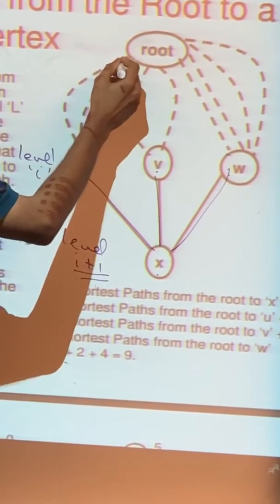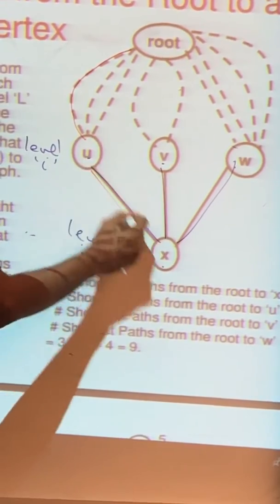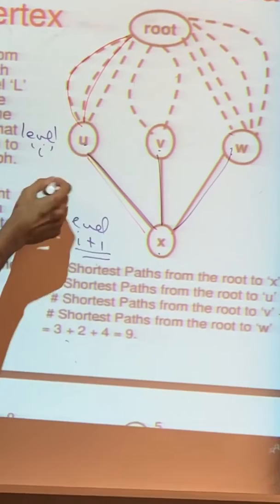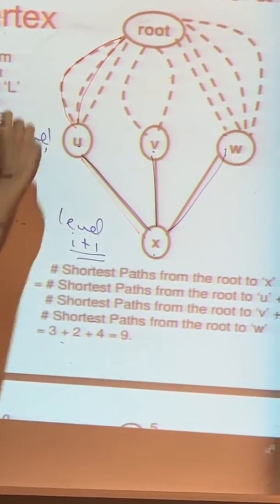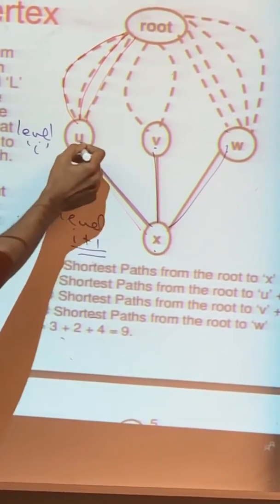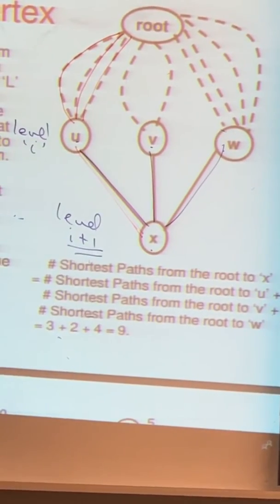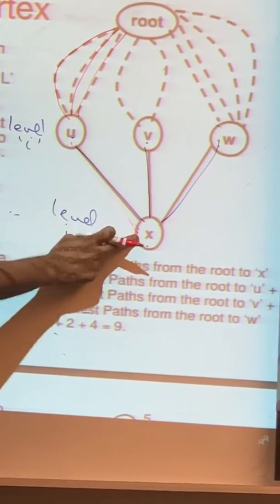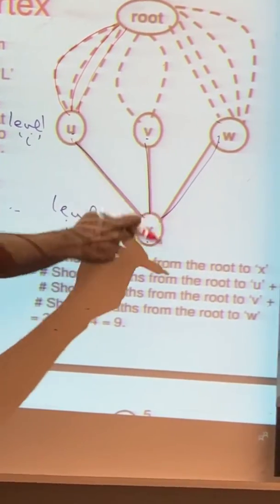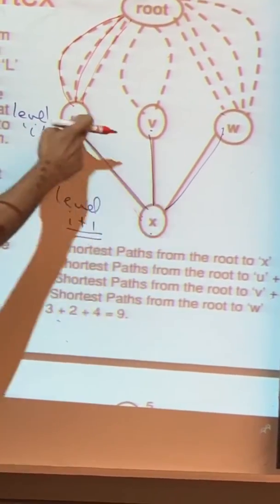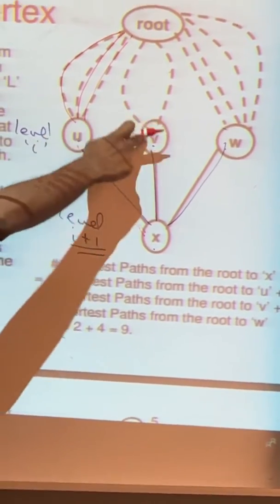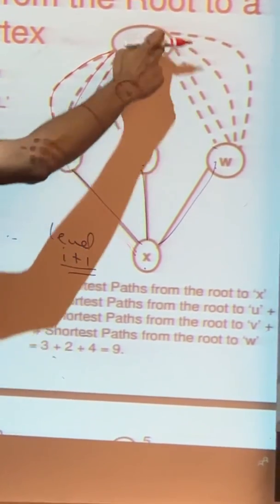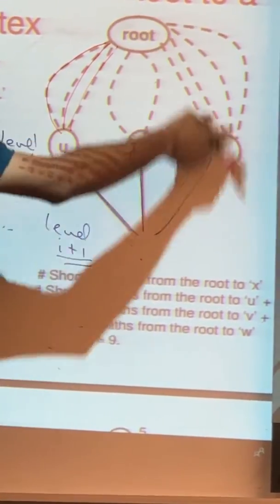You can reach from the root to U, then take this edge to X. Or take this path from the root to U, then take the edge to X. Then this shortest path from the root to U, then take the edge to X. So there are three shortest paths from the root to U, and based on this edge to X, you can also say there are three shortest paths from the root to X through U. Similarly, there are two shortest paths from the root to X through V. There are four shortest paths from the root to X through W.